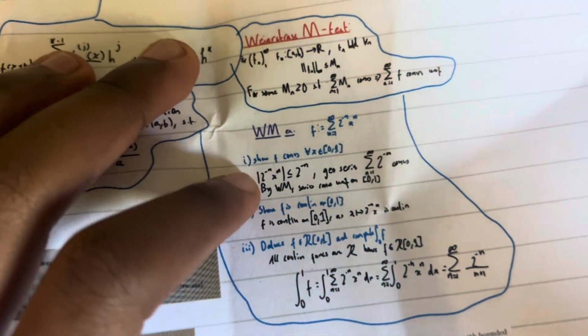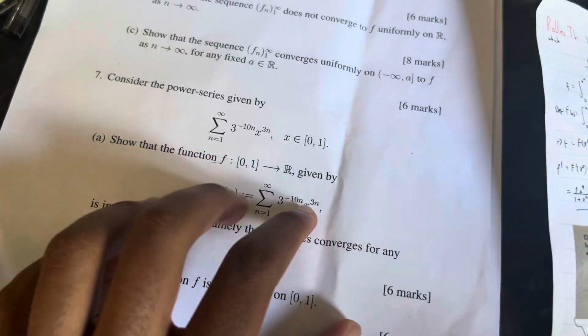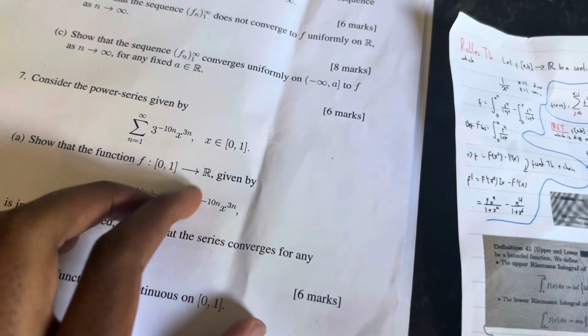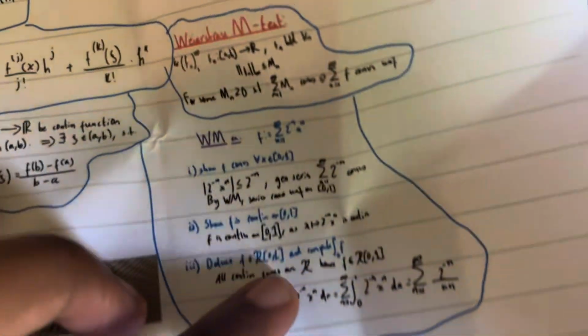Of course, instead of writing 2 to the minus n, I said 3 to the minus 10n. But yeah, because x cannot be greater than 1, and this is an increasing function, I'm saying x equal to 1 gives you an upper bound for that. And then this series, 3 to the minus 10n, converges. So by the Weierstrass M-test, f converges.